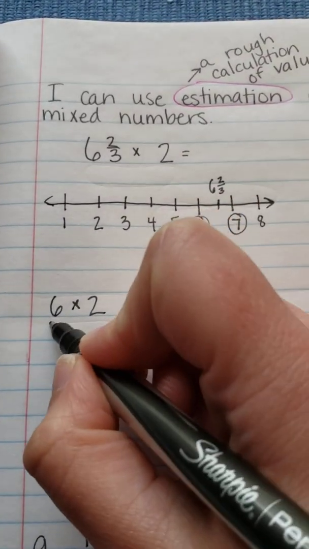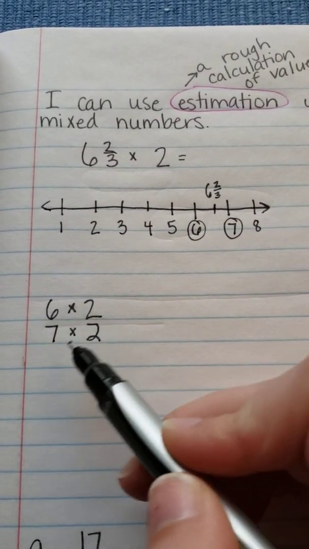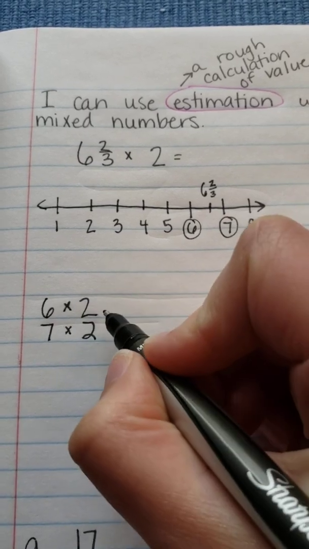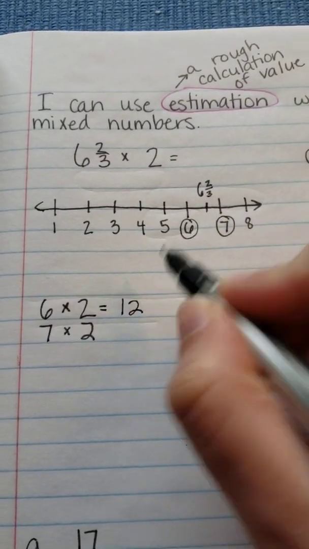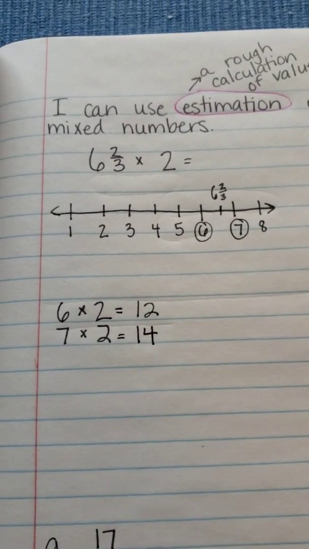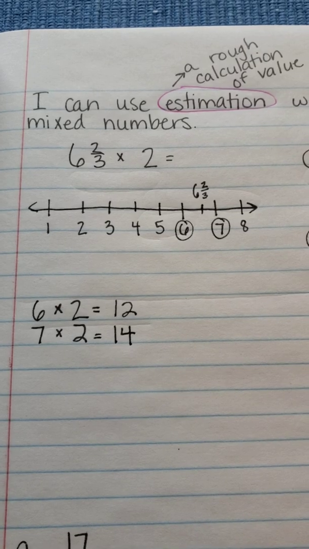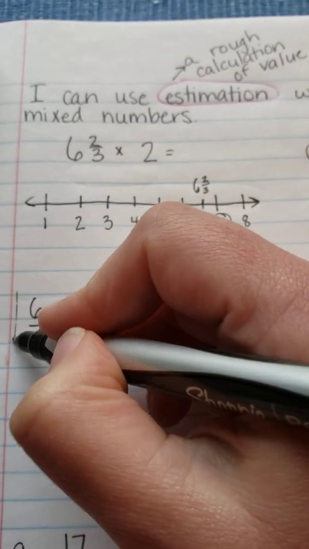And then I'm going to show 7 wholes times 2, because I know that it falls somewhere between 6 and 7. So 6 times 2 is 12, and then 7 times 2 is 14. So I know my answer should be somewhere in between 12 and 14.